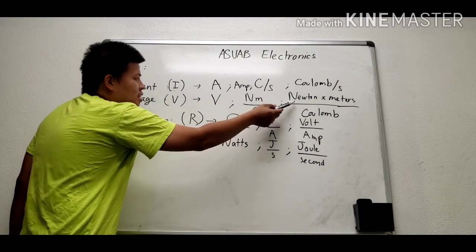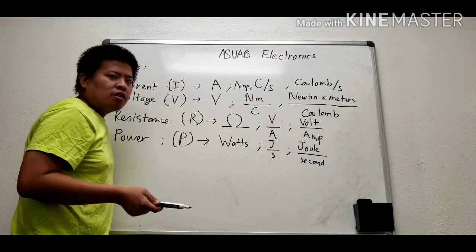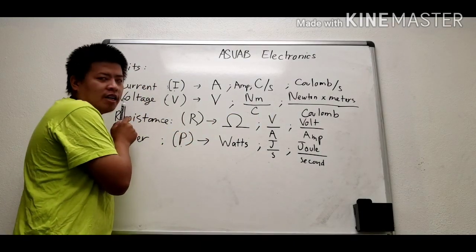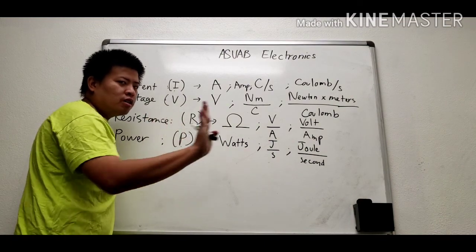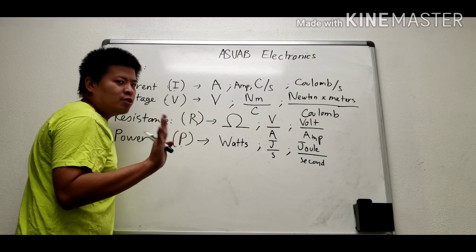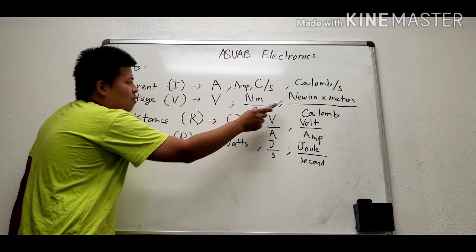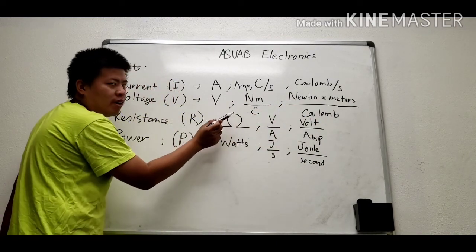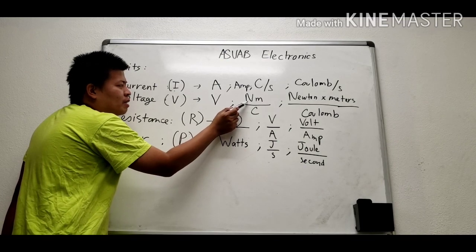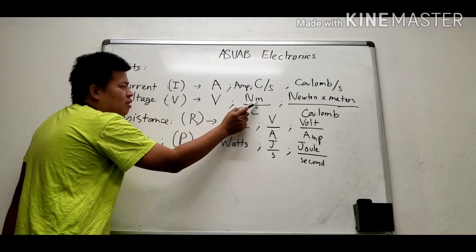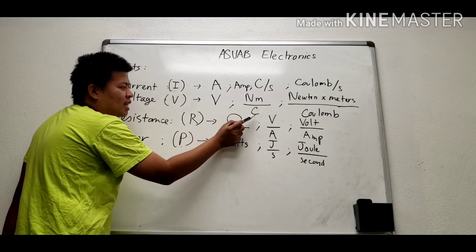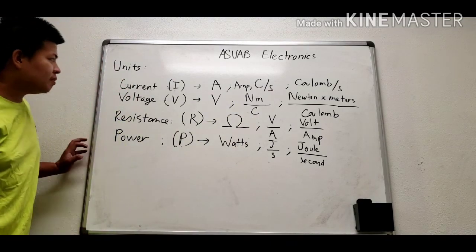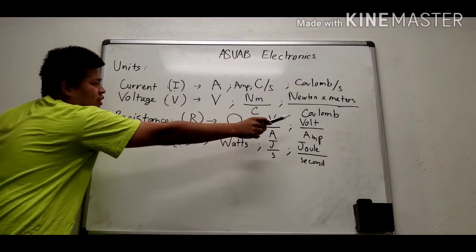It means that the Newton is the force, because the voltage is the force to push the flow of the electrons. So we have Newton multiplied with meter divided by Coulomb, and the abbreviation is capital N multiplied with small m divided by C. And this is the voltage.